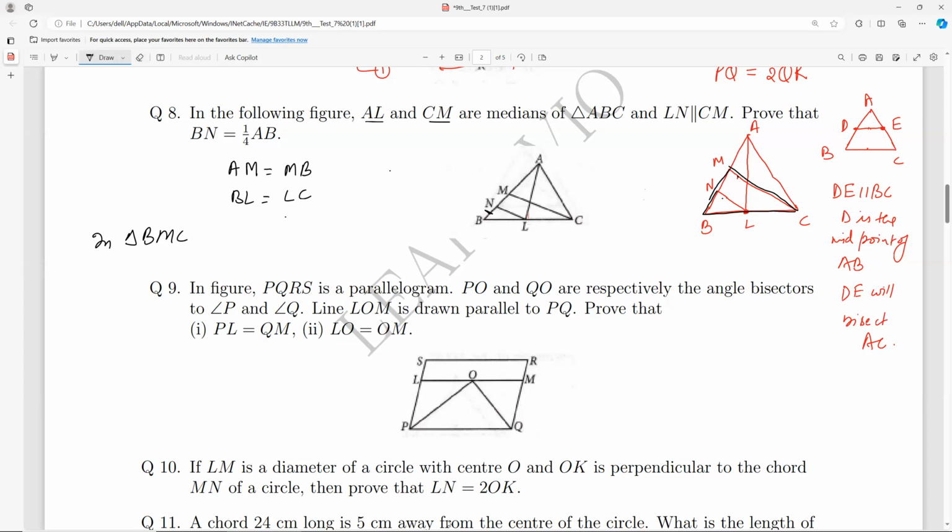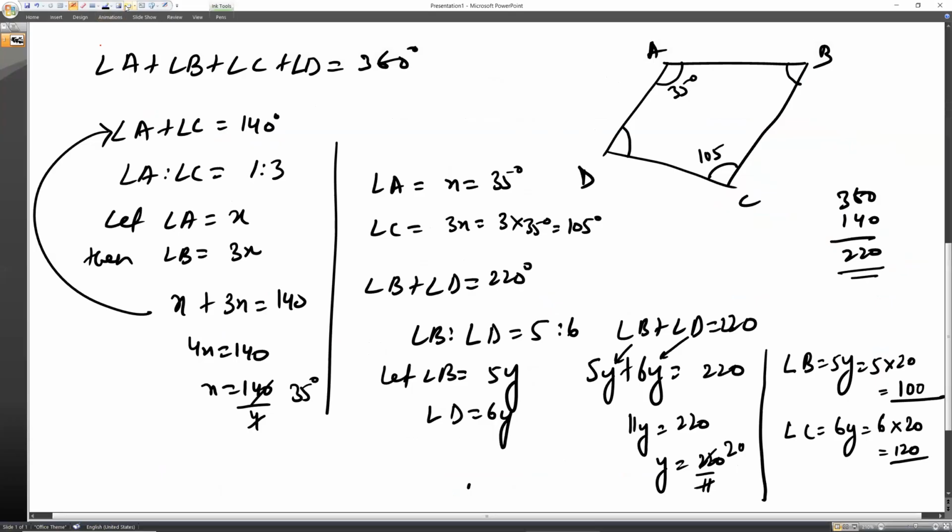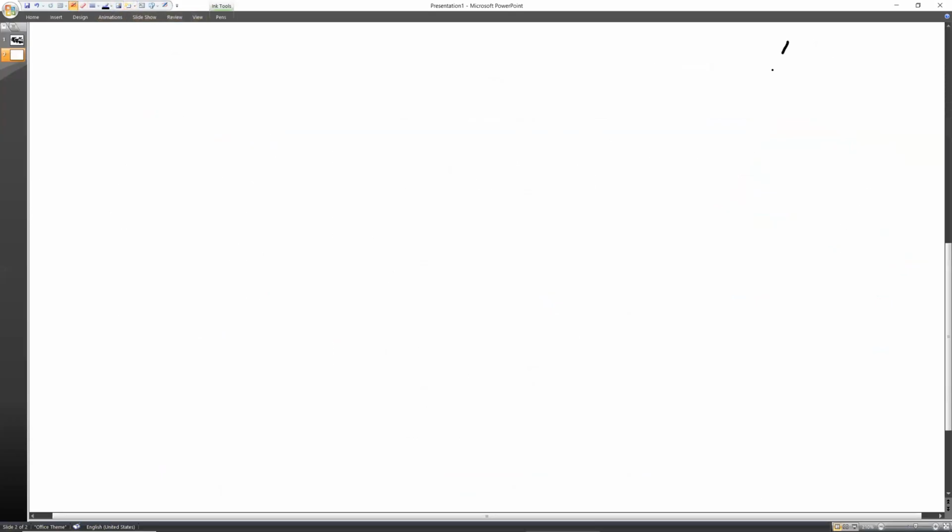Let me draw this one on the next page. Let's do it here. So if I'm having this one, this is A, this is B, and this is C. And here you will find that this is CM and this is AL.